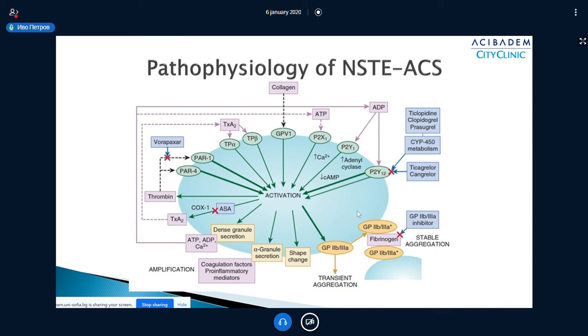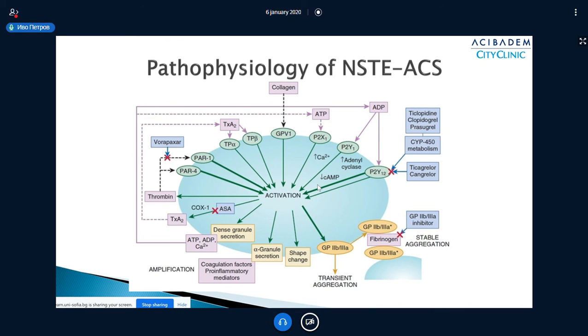And this probability, as I mentioned already, can be decreased by the utilization of anticoagulant and antiplatelet medication. And of course, the thrombus that is already formed can also be dissolved by fibrinolytics.